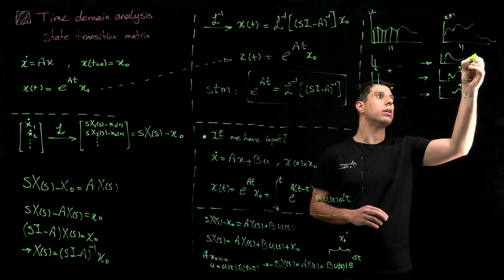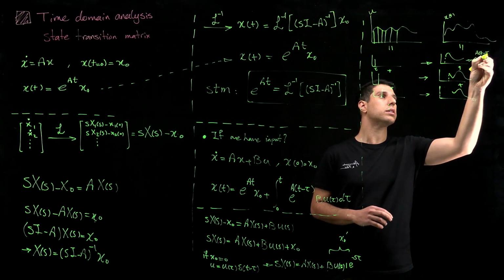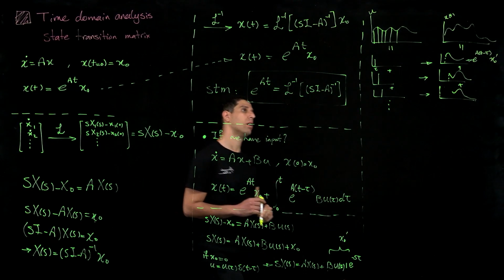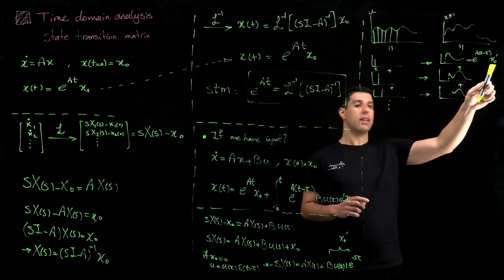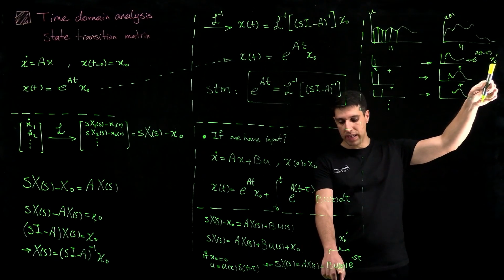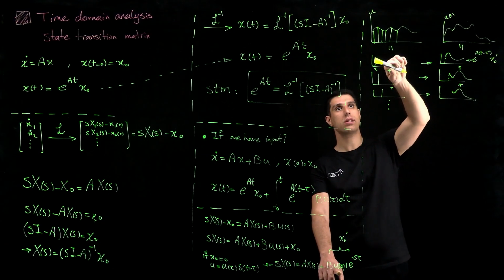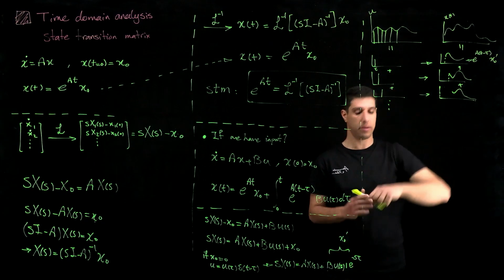So e to the a t minus tau x naught prime, and this x naught prime is b u of tau, the strength of the impulse at that time.